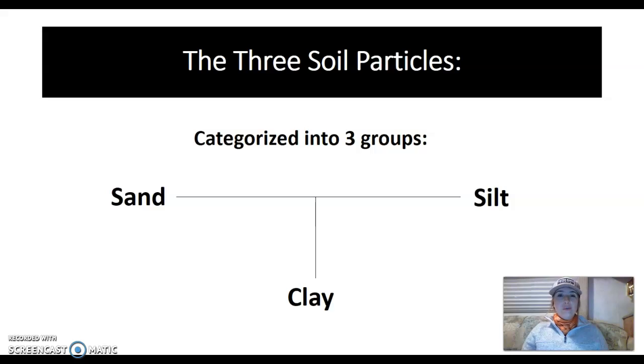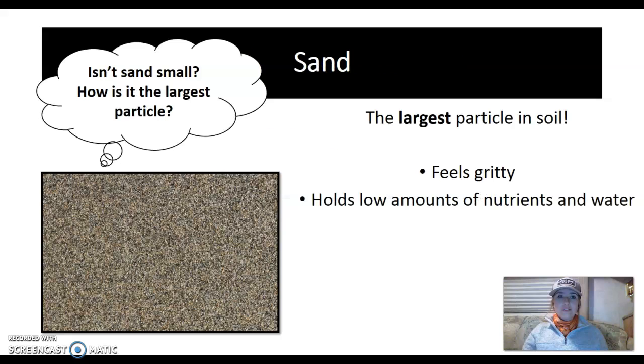Okay, so what are the 3 soil particles? They are each categorized in 3 different groups, starting with sand, silt, and clay. Sand. Sand is the largest particle in soil. What is it? That's right, the largest particle in soil.